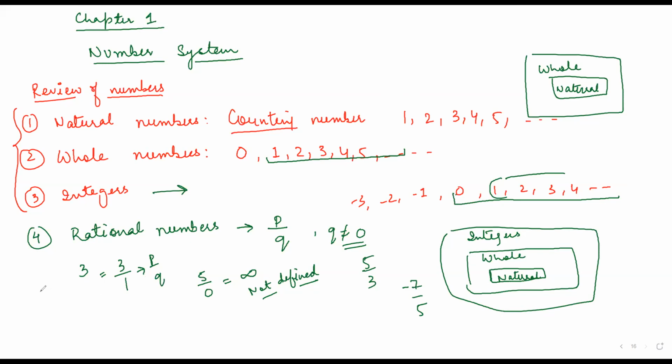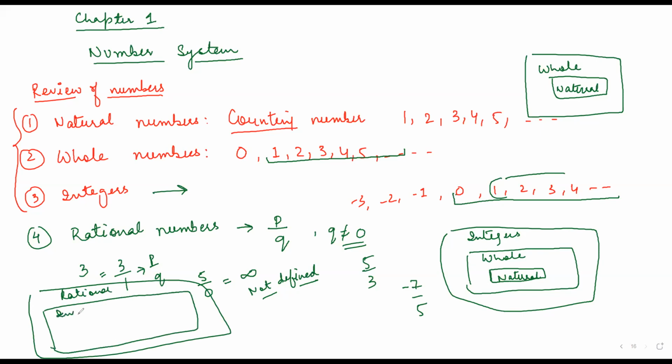So if I make a box of rational numbers now, this is my box of rational numbers. Ultimately my box of rational numbers also contains integers. Understood? And integers contain whole numbers, and whole numbers contain natural numbers. So this is how my box is looking right now.